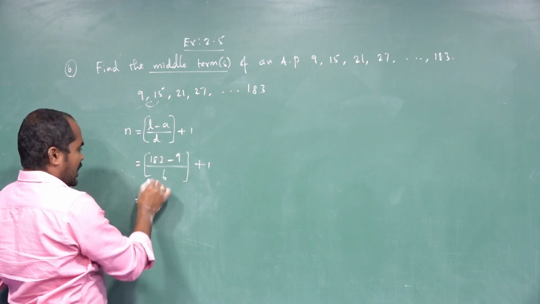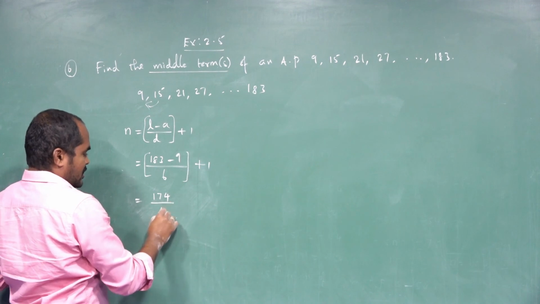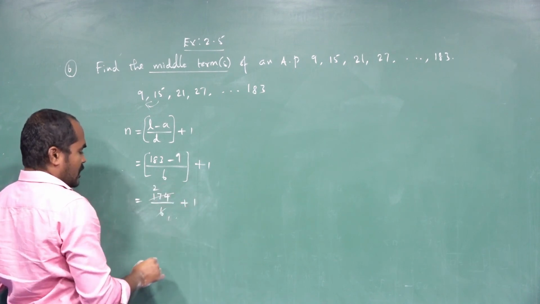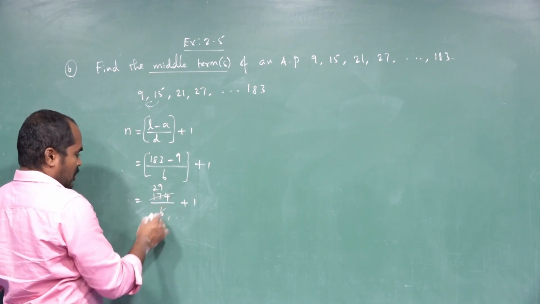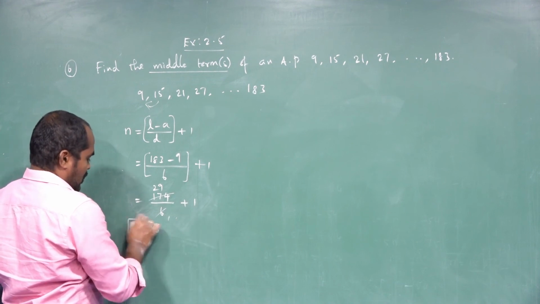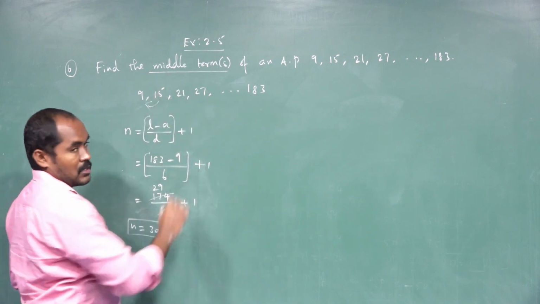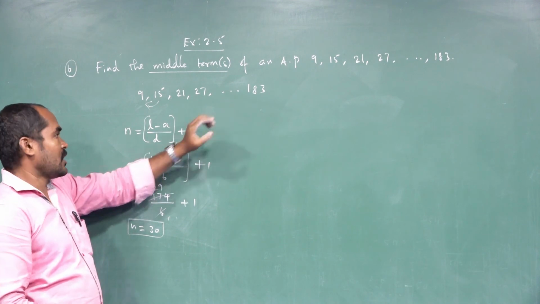So 183 minus 9 is 174 divided by 6 plus 1. 1 6 is 6, 2 6s are 12, remaining 5, 9 6s are 54, 29 plus 1 is 30. There are 30 terms. So this sequence contains 30 terms. 183 is the 30th term, right?